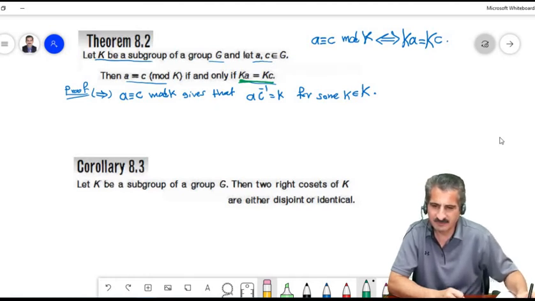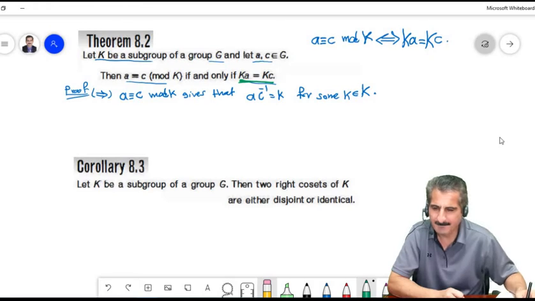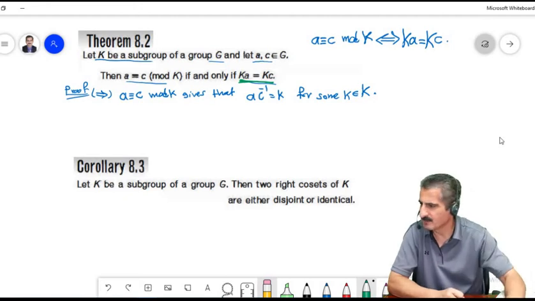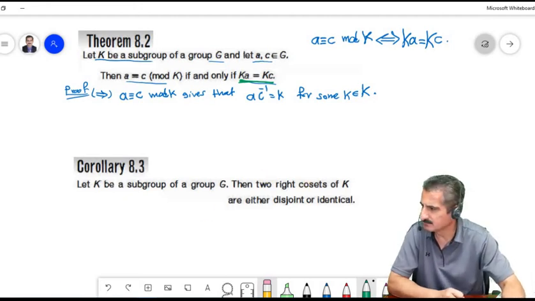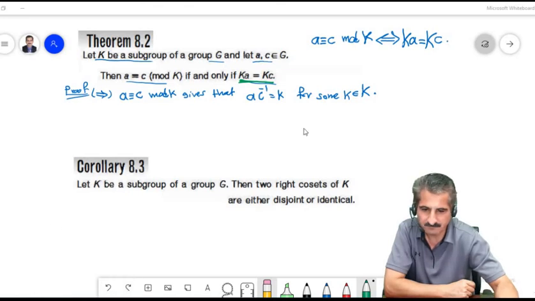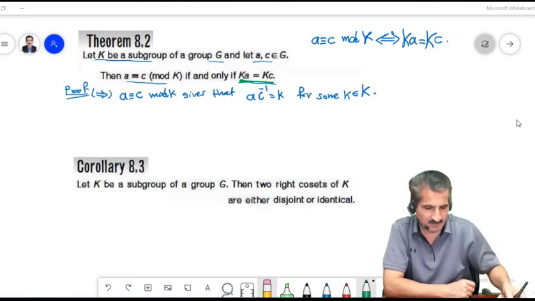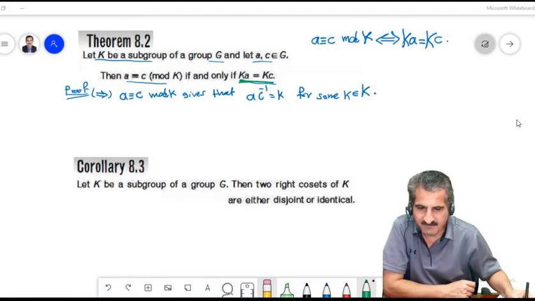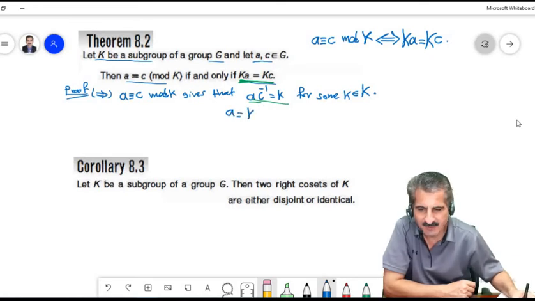So we have AC inverse equals k. That means A equals k times C, correct?